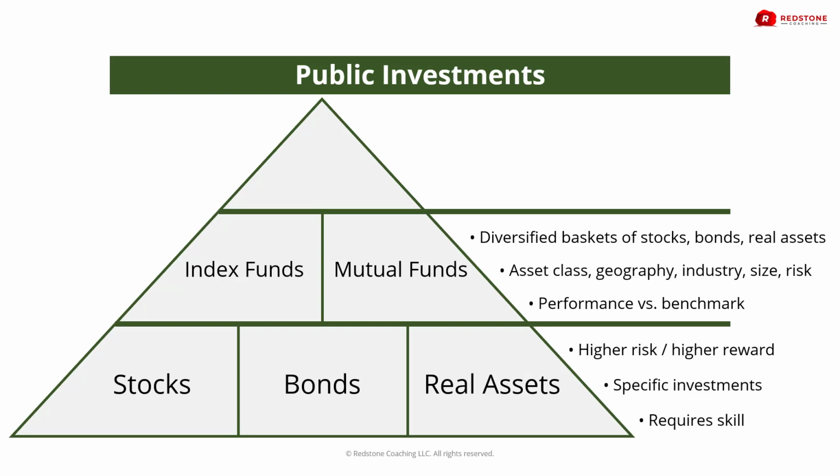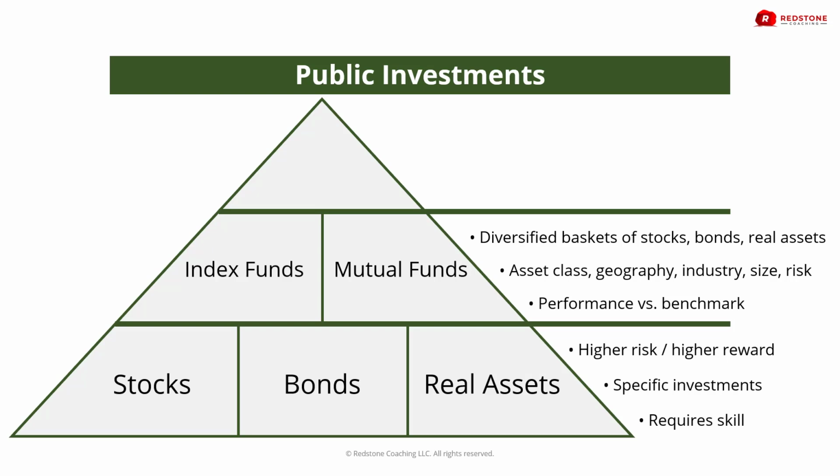And with these funds, you get to choose what kind of funds you want. You could choose a fund based on an asset class, like stocks or bonds or real estate or commodities. Or you could choose a fund based on geography, like US stock market or French stock market or German stock market or European stock market. Or you could choose it by industry. You could invest in a basket of pharmaceutical companies or consumer goods companies or technology companies.